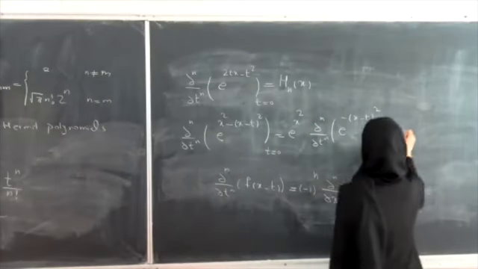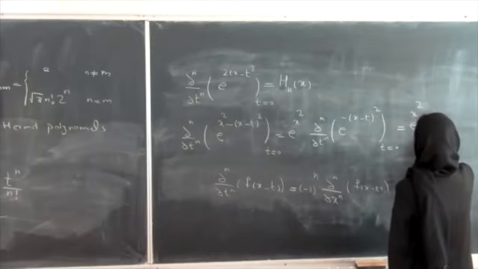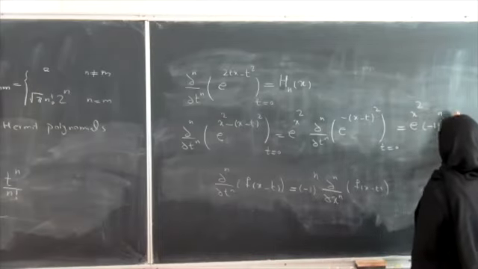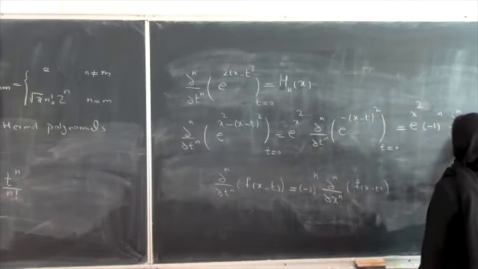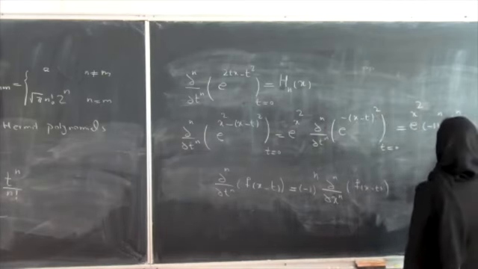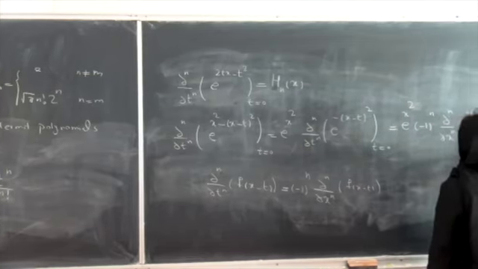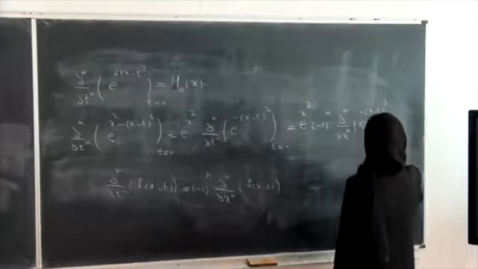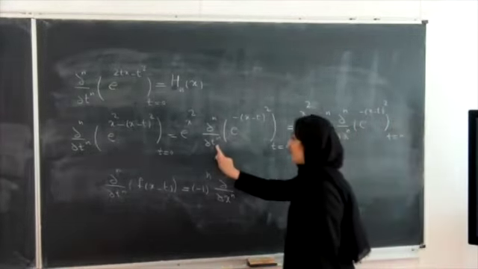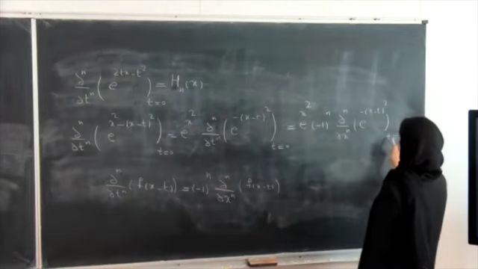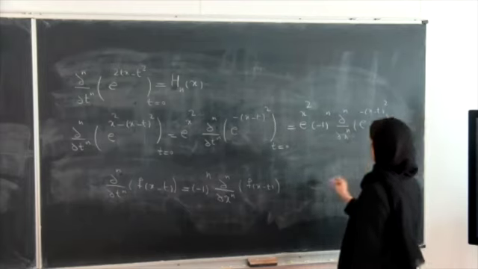So by using this property, we can write the nth derivative with respect to x^n. So we change it from t to x, and we can substitute t equals 0 in this equation.